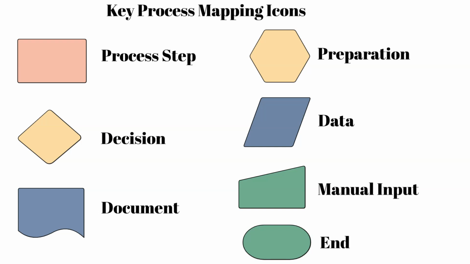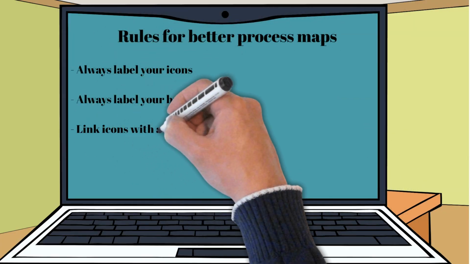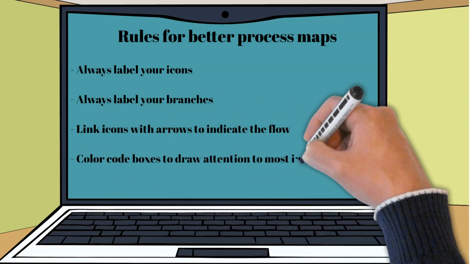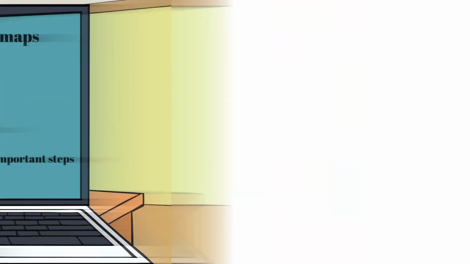A few rules will help you prepare better process maps. First, always label your icons. Second, always label your branches. Third, link icons with arrows to indicate the flow. And finally, color code boxes to draw attention to the most important steps.